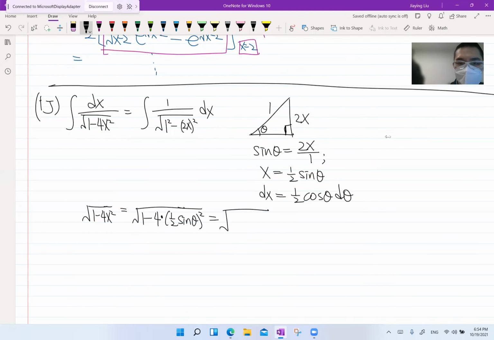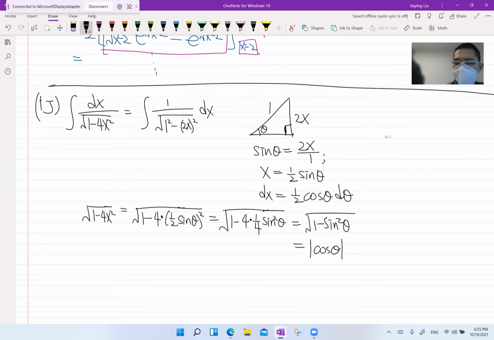And that will be the square root of 1 minus 4 times 1/4 sine squared, so I end up with the square root of 1 minus sine squared theta. And you know that gives you cosine squared in the square root. We end up with the absolute value of cosine theta.